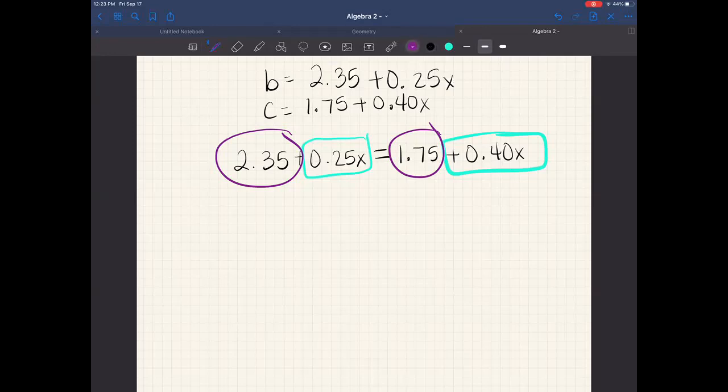So if I want to combine my 2.35 and my 1.75, I want to move my smaller number to the bigger number so that I don't have to deal with any negatives. Okay? So that means I'm going to subtract 1.75 from both sides.